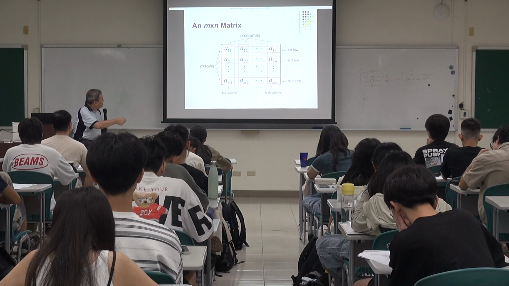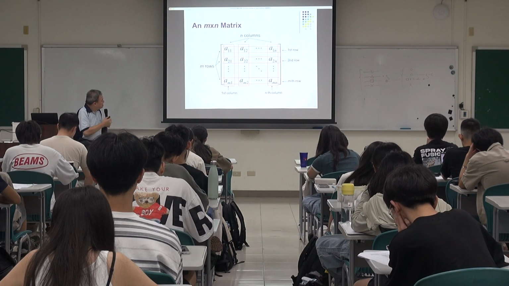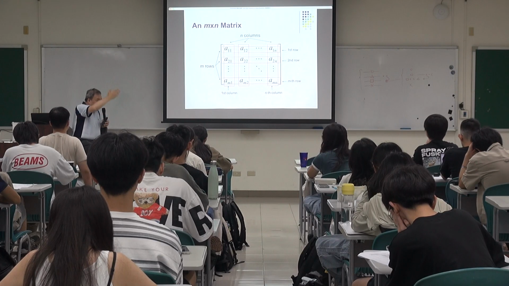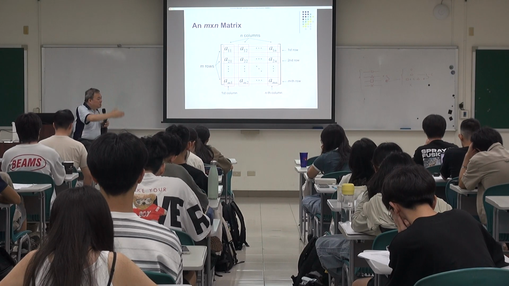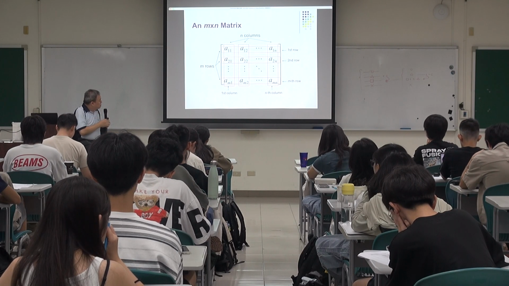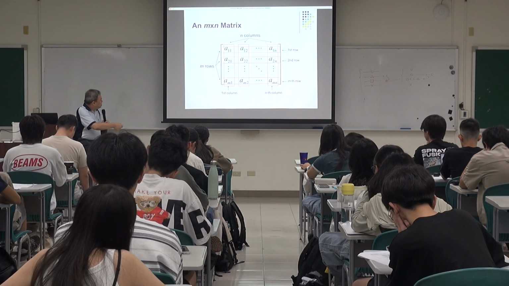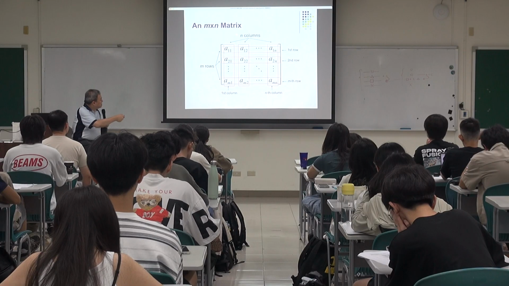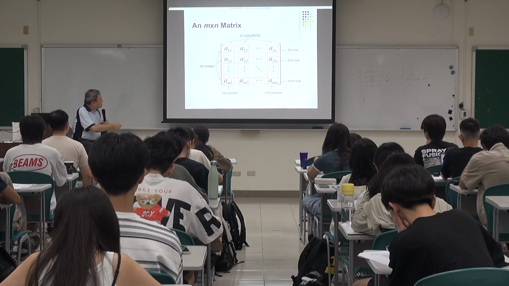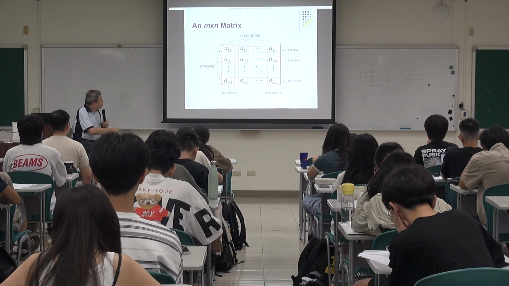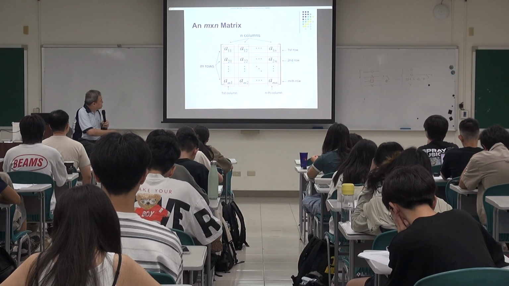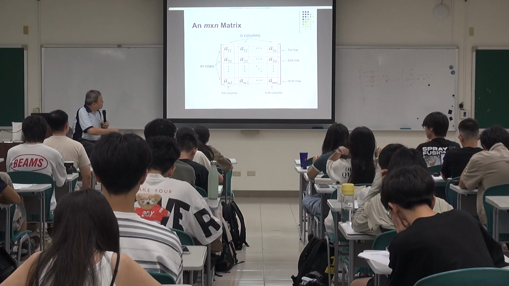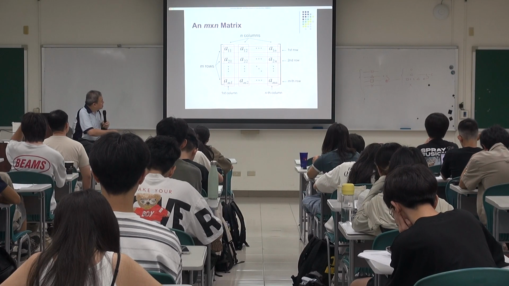Column is, if you look at this matrix in vertical shape, each vertical stuff is a column. For example, a11, a21 to an1 is the first column, and a12, a22 to an2 is the second column, and so on.